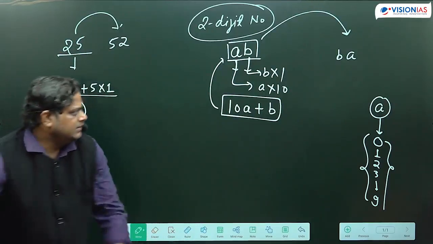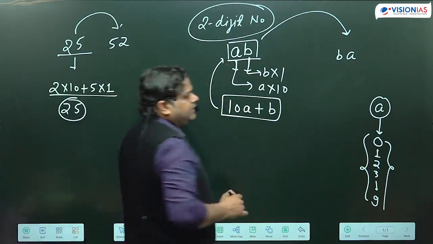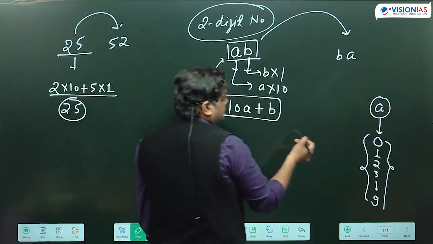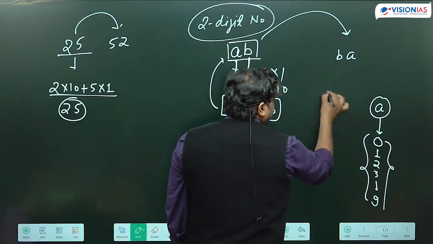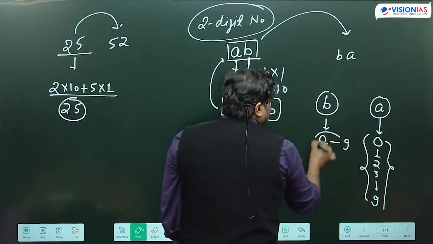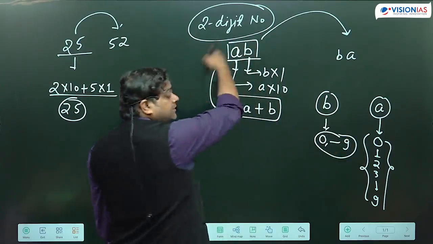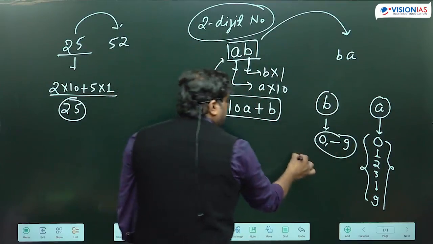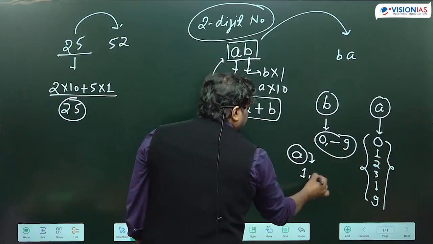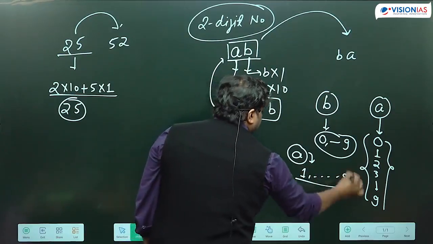कर सकते हैं ऐसा. तो A and B can take values. What is the possibility for B? B की possibility if I ask 0 to 9. In this case, if this is a 2-digit number, what is the possibility for A? 1 to 9. Why 1 to 9? Why not 0?